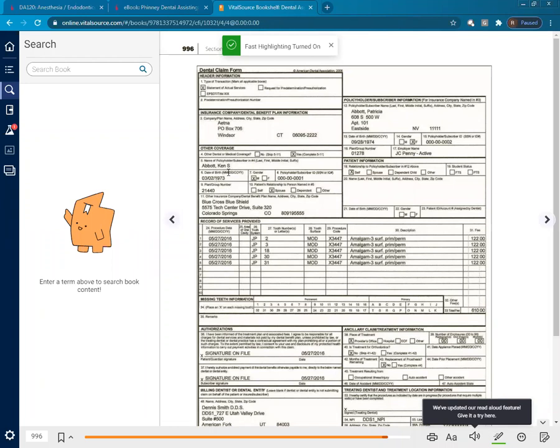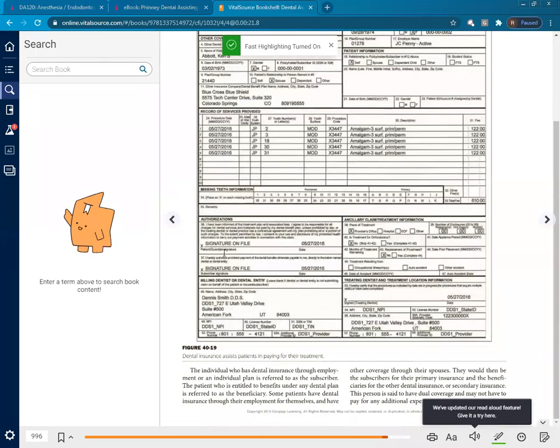Then you have to have their birth date. Are they male or female? What is their subscription ID? This is their spouse, their plan number. It's Blue Cross Blue Shield. So we're sending it to Aetna with a secondary insurance of Blue Cross Blue Shield, and that they had several fillings done. And it'll say signature on file, signature on file. So this is all done digitally.